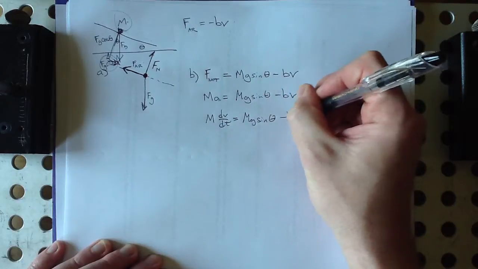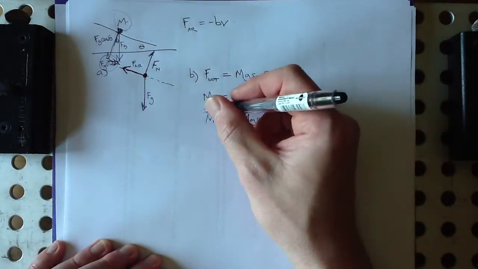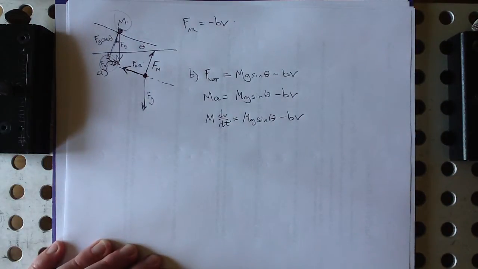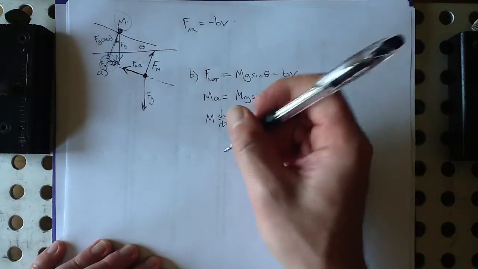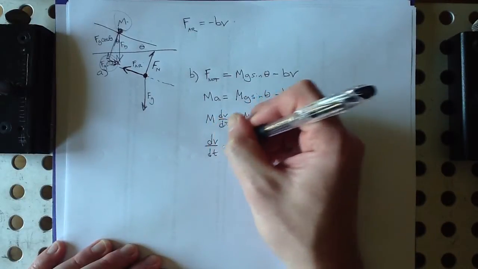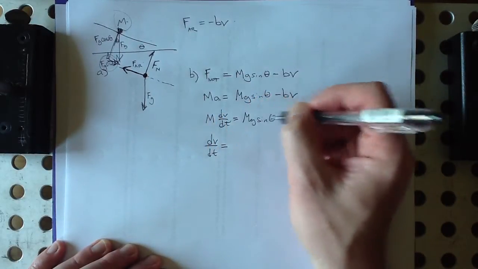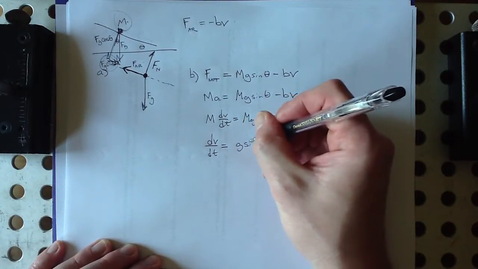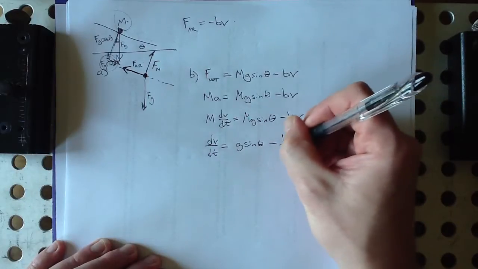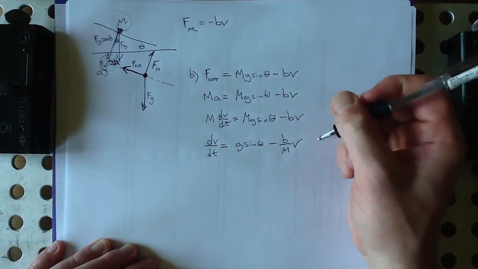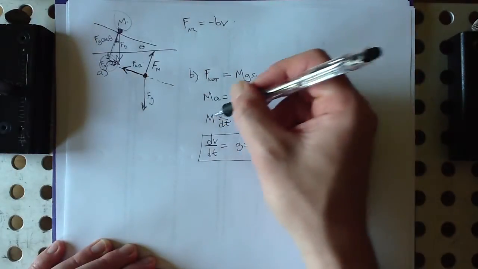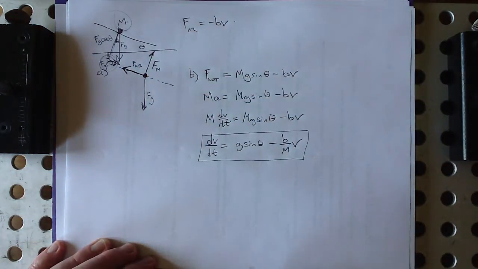And that could be your answer. You could divide through by M if you want to. It really doesn't matter. So let's go ahead and do that because we're going to need to solve it later anyway. So dv/dt equals, dividing both these terms by M, g sine theta minus b over M times v. So I will report that as my answer for part B, although this would be a perfectly acceptable answer too.